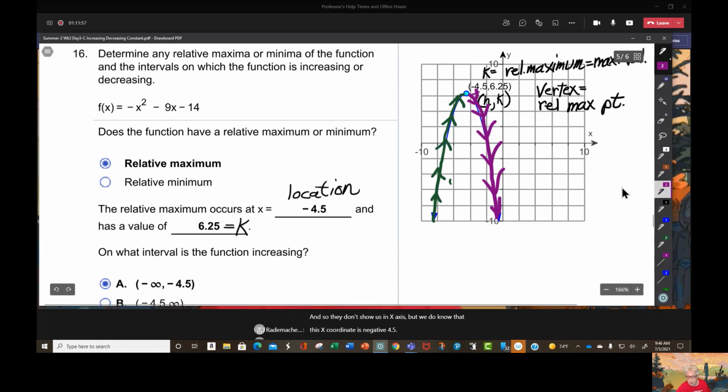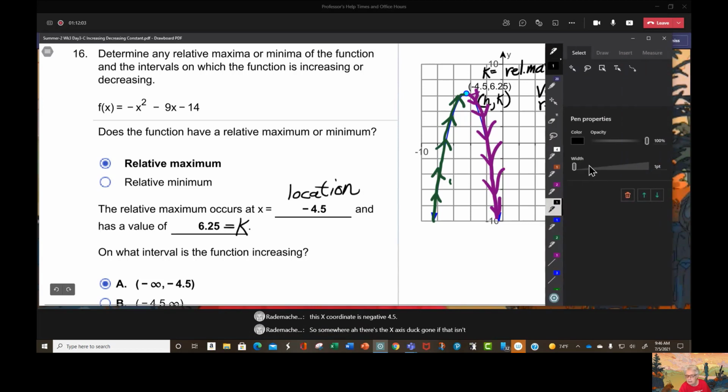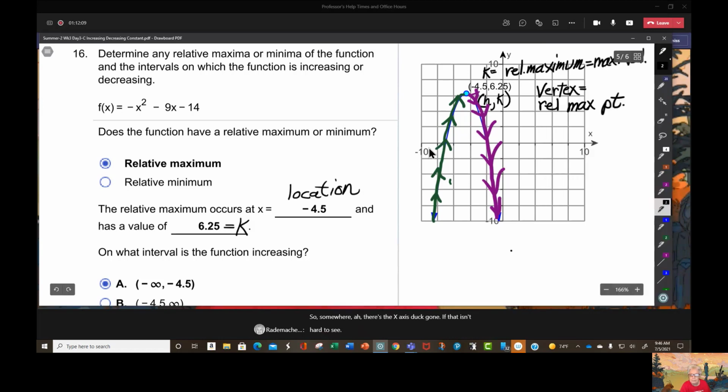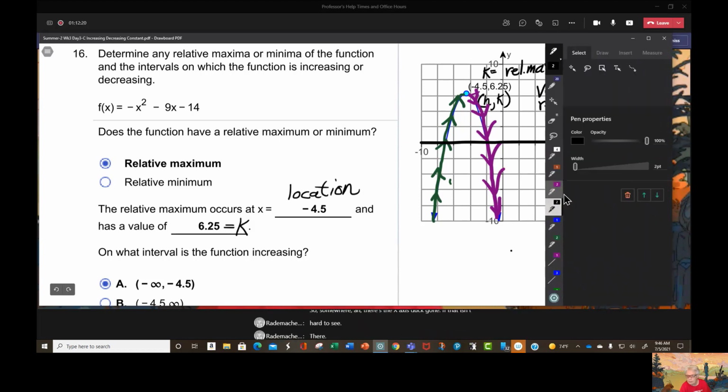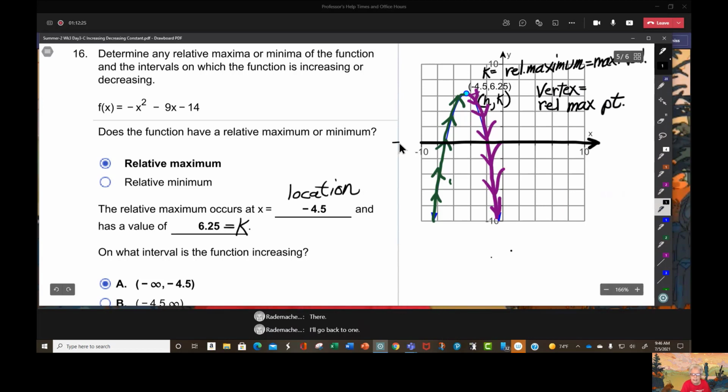So somewhere, there's the x-axis. Doggone if that isn't hard to see. There. I'll go back to 1. All right, we've got negative infinity out here. We've got negative 4.5, because that's what they say it is.